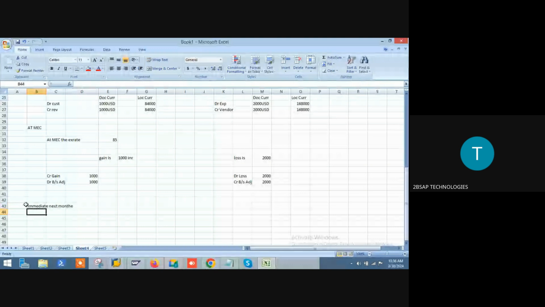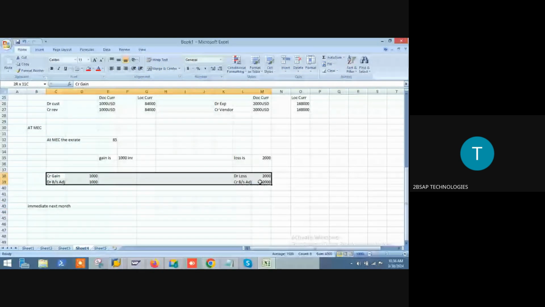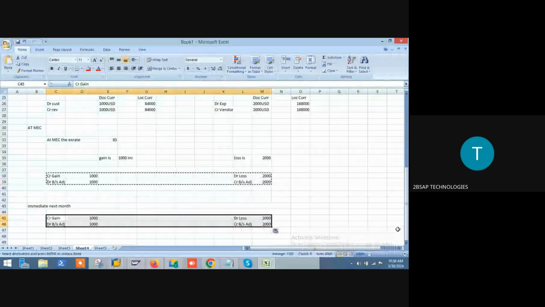This is just posted for month end closing, to update your balance sheet valuation. But this entry is not as per legal requirements. So immediately you are going to reverse it in the next month, so this adjustment is reversed. Clear, sir?